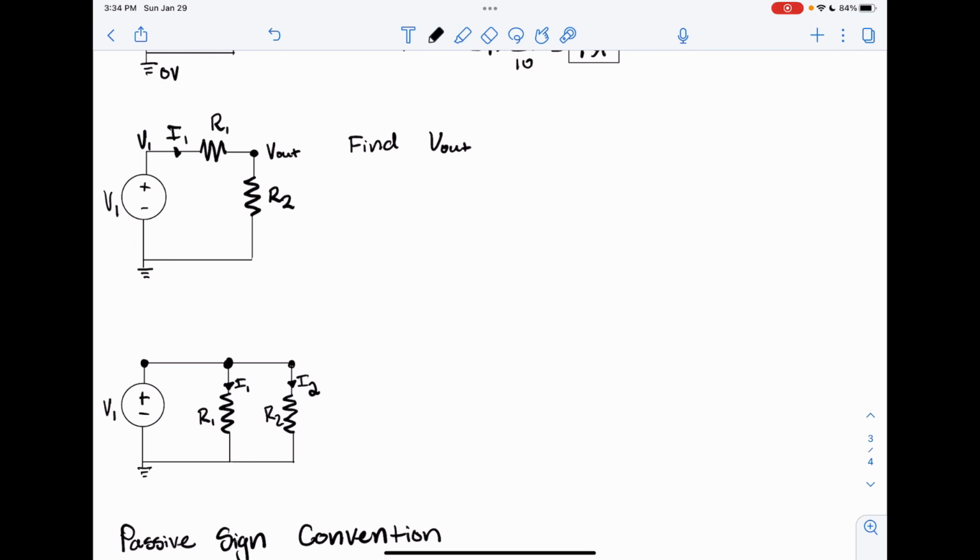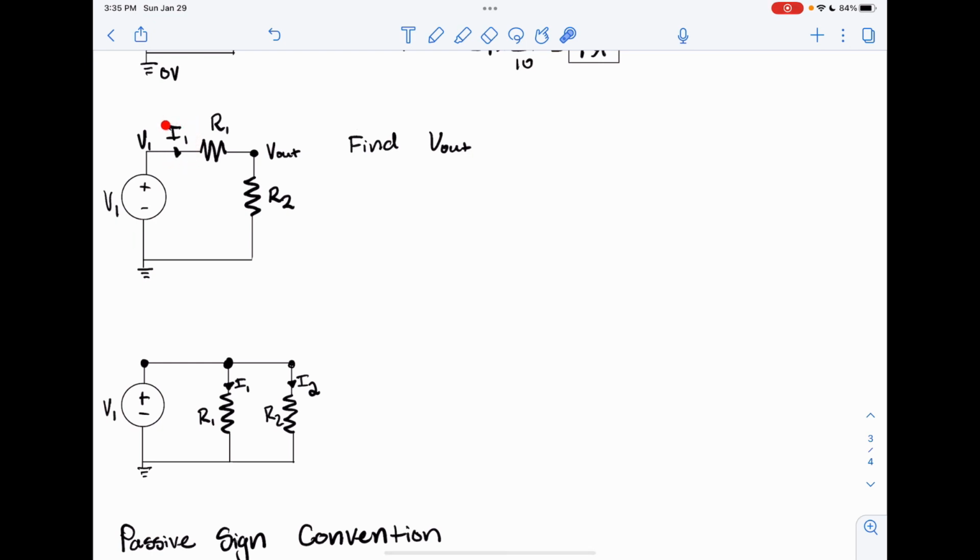So we know that this voltage source is going to produce a value V1 at this node with reference to ground. We also know that these two resistors are going to draw some current I1. Something else to note about components connected in series is that they will have the same current running through them.